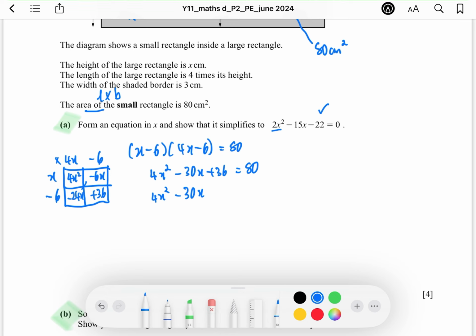Minus 80 both sides, which gives minus 44 equals to 0. And then we're going to divide it by 2. So 4x squared divided by 2 is 2x squared, minus 30x divided by 2 is minus 15x, and minus 44 divided by 2 would be minus 22 equal to 0, which is the same as shown.